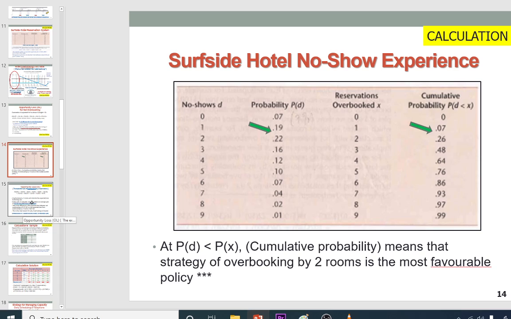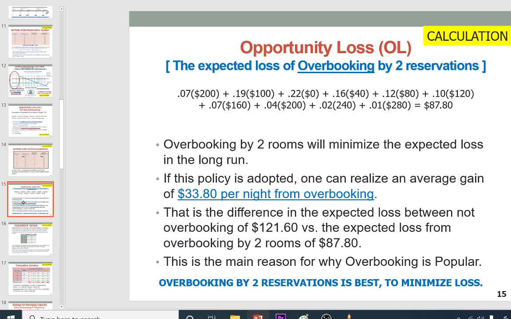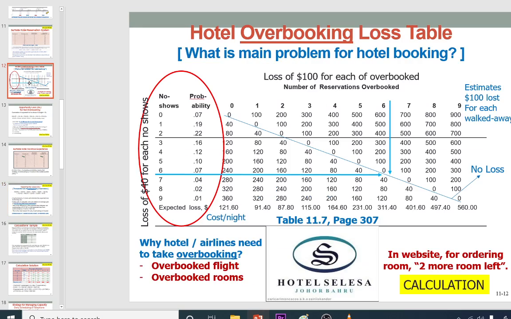Now, let's calculate the opportunity loss by practicing overbooking by 2 reservations. So, in this situation, we have to calculate this table of the no-show and the probability. We calculate all this by multiplying each to the other.